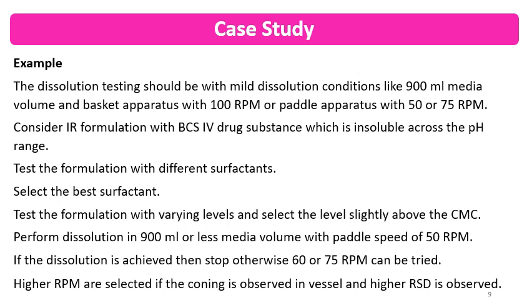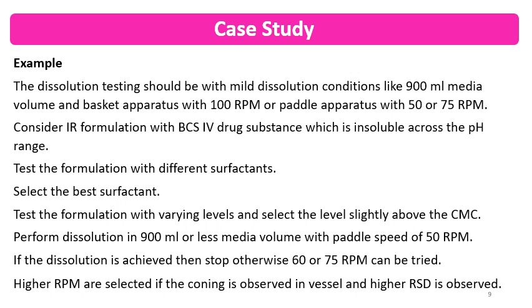Higher rpm can be selected and justified if there is variation in the dissolution at lower rpm or if there is coning issue. Coning means in this the formulation releases the granules, or say for example the disintegration happens and the heap is formed inside the dissolution vessel, and because of that heap the variability is there in the dissolution results.